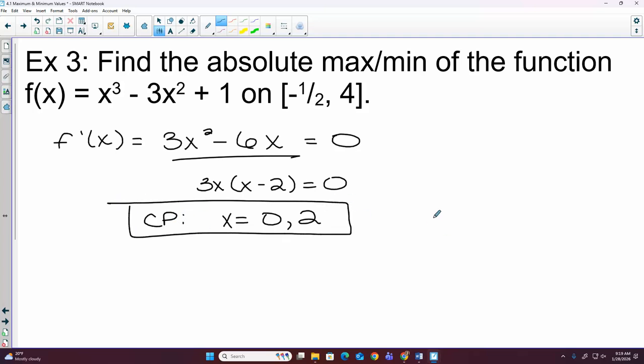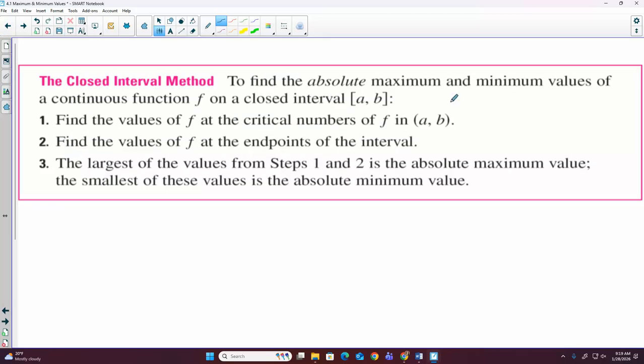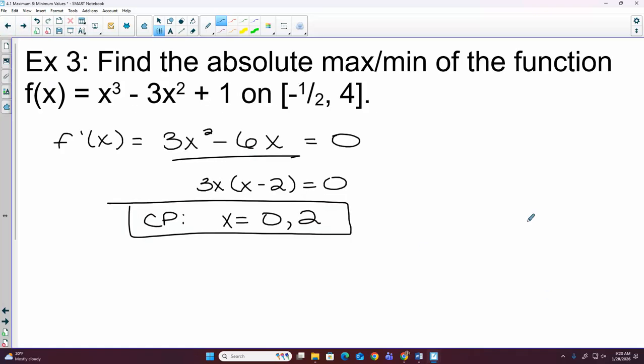Those aren't guaranteed to be maxes and mins, it's where they could happen. Now this problem does ask me to actually find them. So this is the step we're going to use to find them. First we find our critical points, then we're going to find the y values for the critical points and our endpoints.